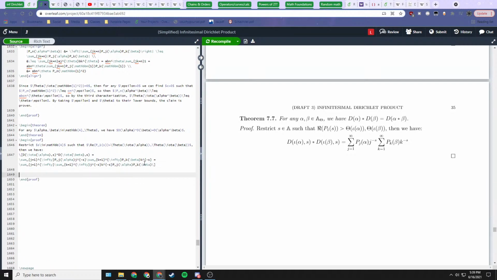Okay. So by absolute convergence, it is justified to rearrange the above in the following way.